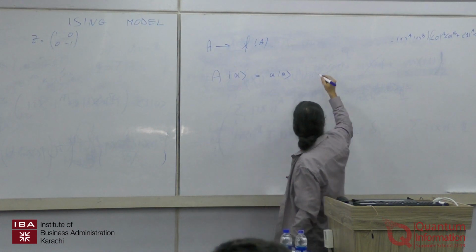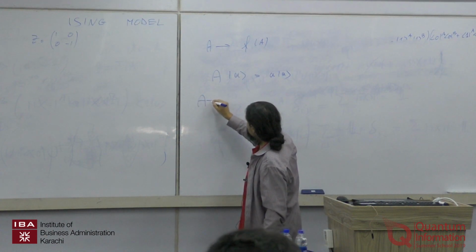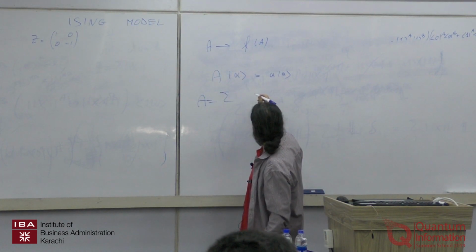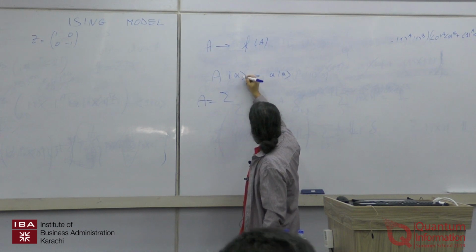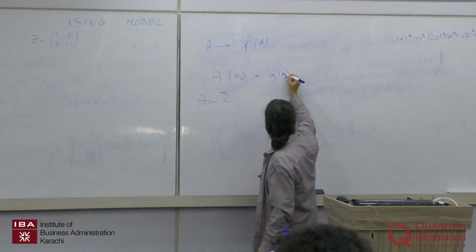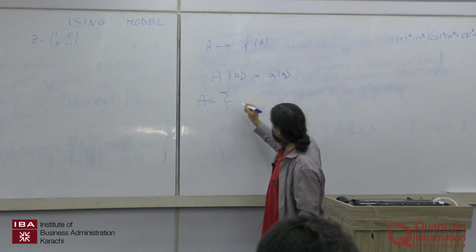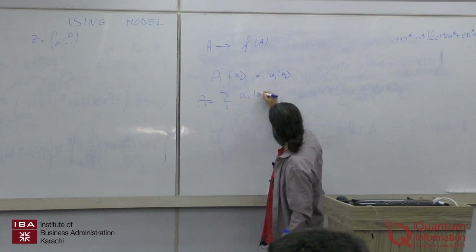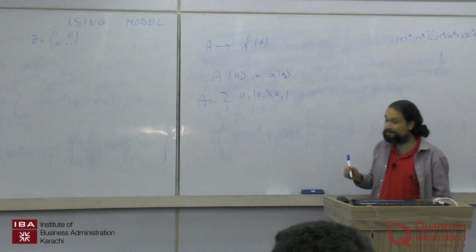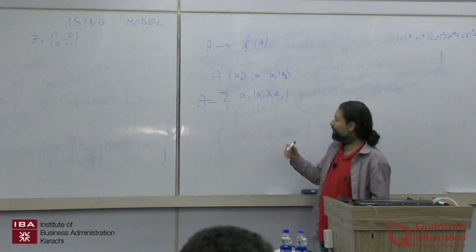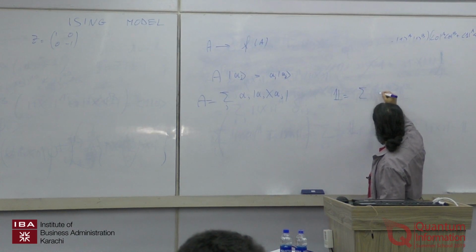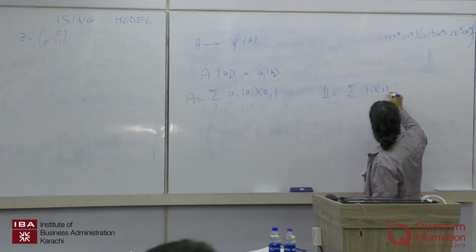So this means that the operator A is diagonal in this basis, which means it can be written as, let's add an index j, since there will be many eigenvalues, the sum over j of a_j |a_j⟩⟨a_j|. Note in particular, the identity we will write as just the sum of |j⟩⟨j|. This can be any basis.